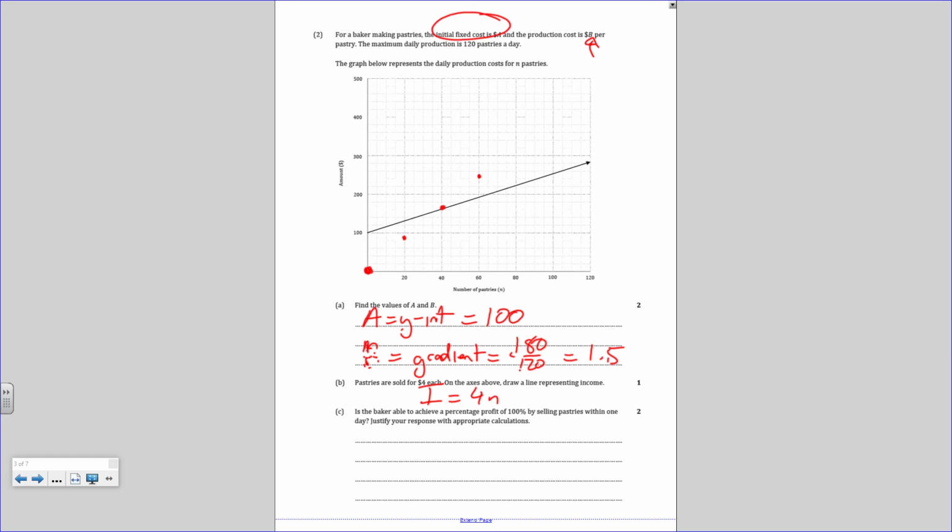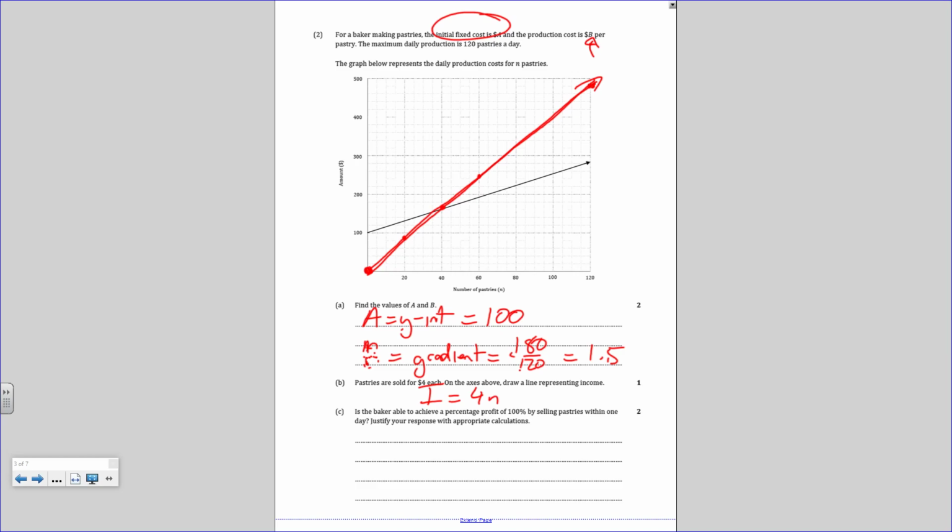So just plotting a few points. If I make n equal 120, I'll get 480, so it might be worthwhile to see what happens at the end as well. But assuming that you have a ruler, unlike what I do here, you should get a nice straight line.